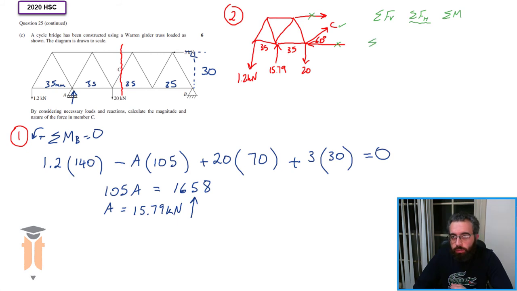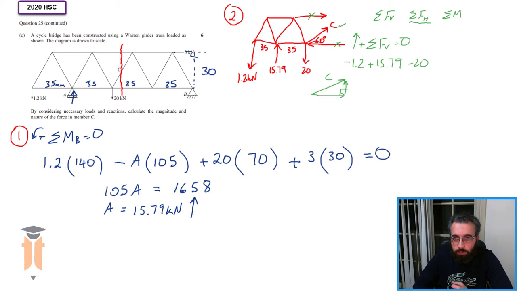So sum of forces in the vertical direction equals 0. I have 1.2 going down, so it's negative 1.2, 15.79 going up, negative 20 going down, and now the C I need to break up into its components. So if I take C, remember when we are drawing our vectors, we start from the tail, so we go right, and we work towards the head, so we go up.